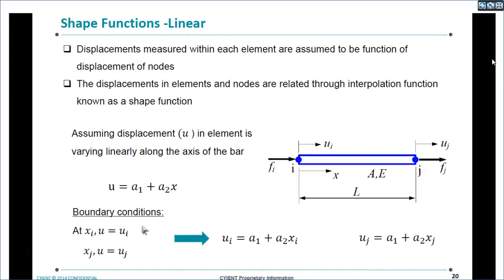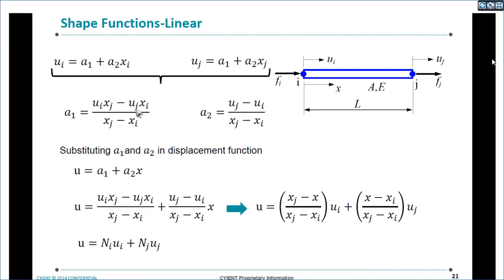So let us put some boundary conditions. At x equals xi, we have displacement of ui. At x equals xj, we have displacement of uj. When you put these boundary conditions here, now the function looks like this.